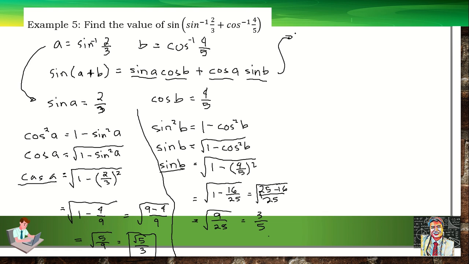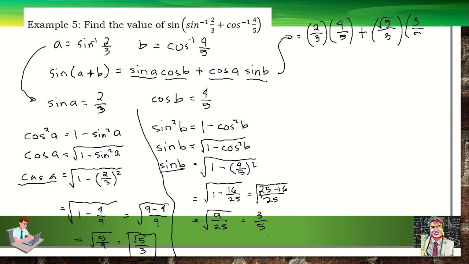Sine A natin is 2 over 3 times cosine B natin is 4 over 5. Okay? Plus, cosine A natin is square root of 5 over 3 times sine B natin is 3 over 5.